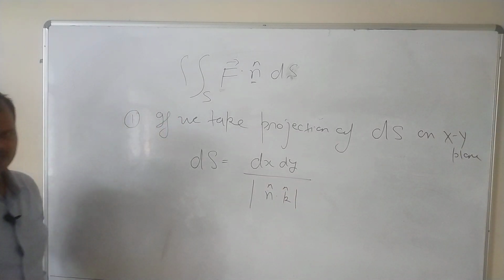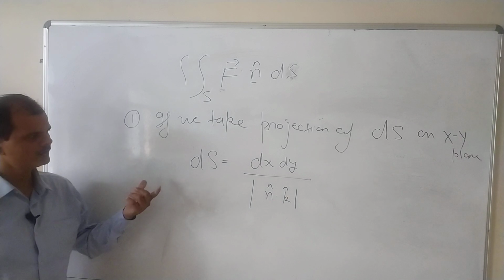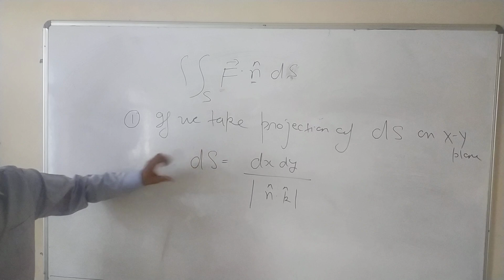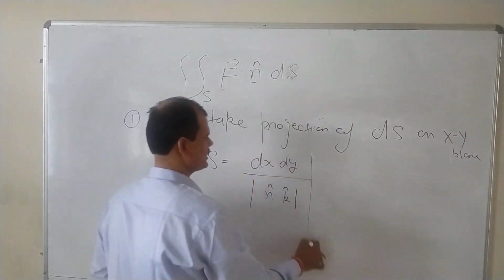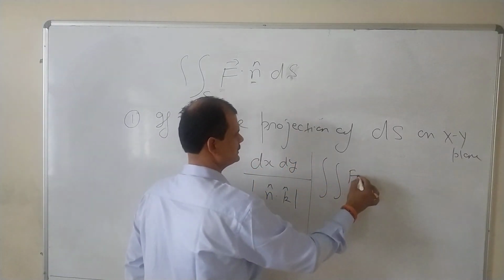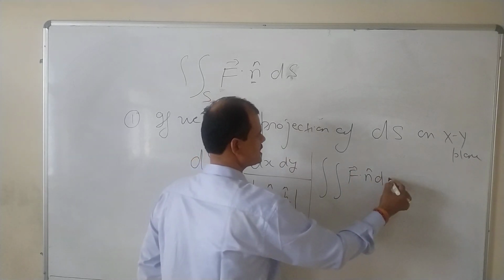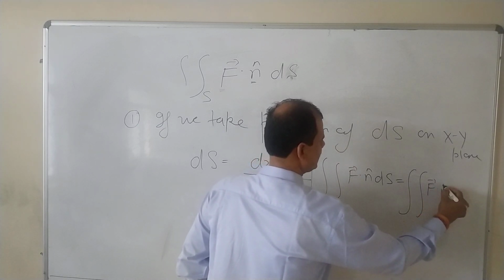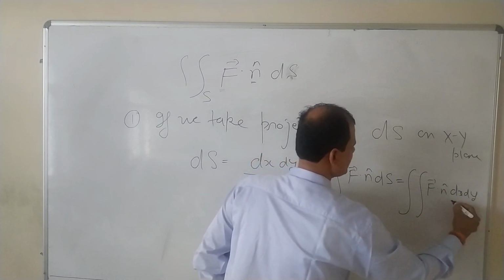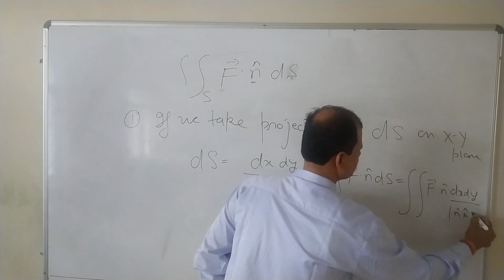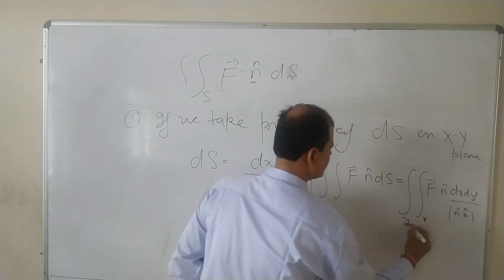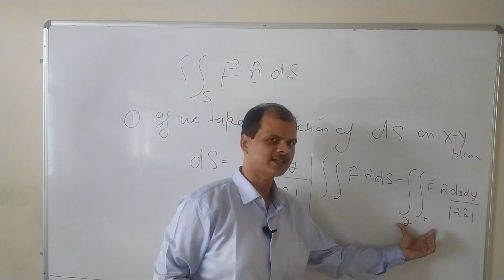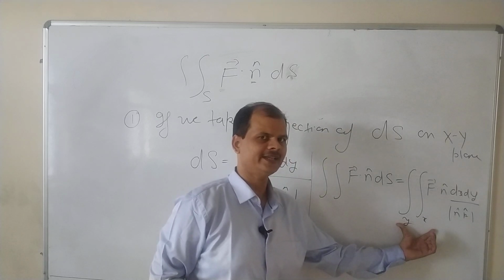What is k? k is the unit normal vector of the xy plane. So your double integration of F dot n bar dS will change into the double integration of F dot n dx dy divided by n dot k, and here we will have the x and y limits, which we know how to solve. This is the double integration we have solved in the multiple integration section.